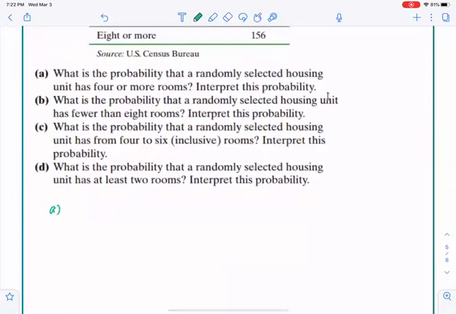And using this, we can find the probabilities for each case. So in part A, we want to find the probability that a randomly selected housing unit has 4 or more rooms. So to make things simple, I'm just going to define an event as number of rooms.